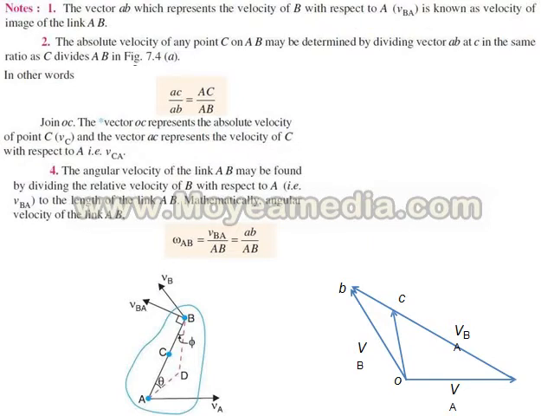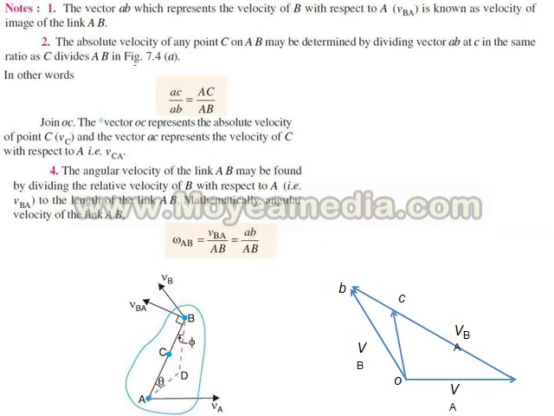The vector AB, which represents the velocity of B with respect to A, is known as the velocity image of the link AB. The absolute velocity of any point C on AB may be determined by dividing the vector AB at C in the same ratio as C divides AB. In other words, we can say ac by ab is equal to AC by AB.